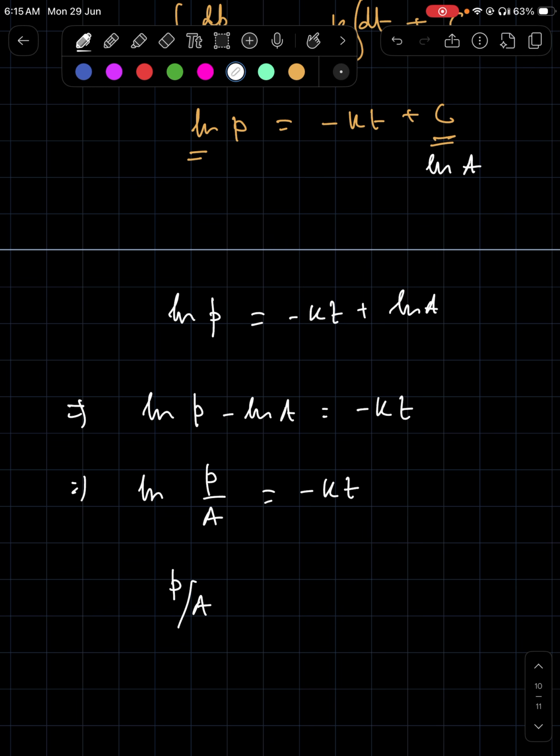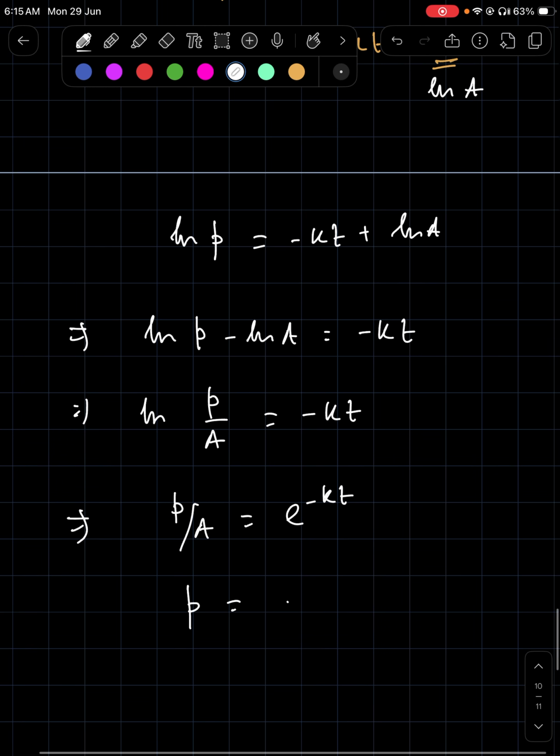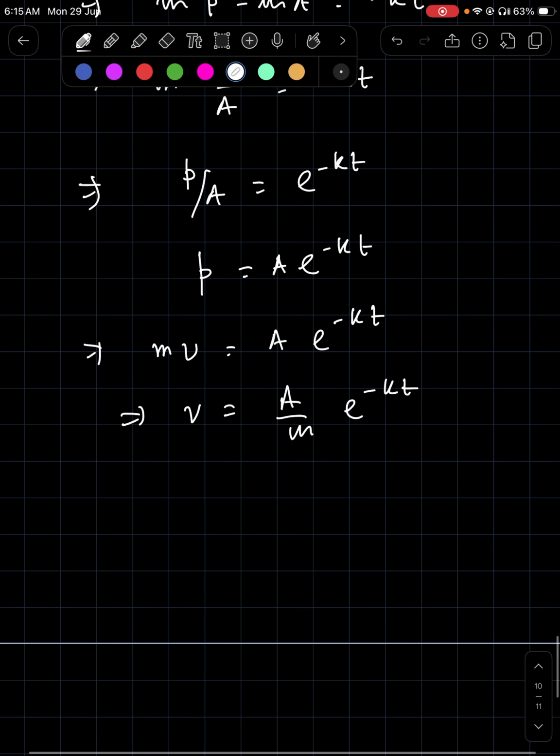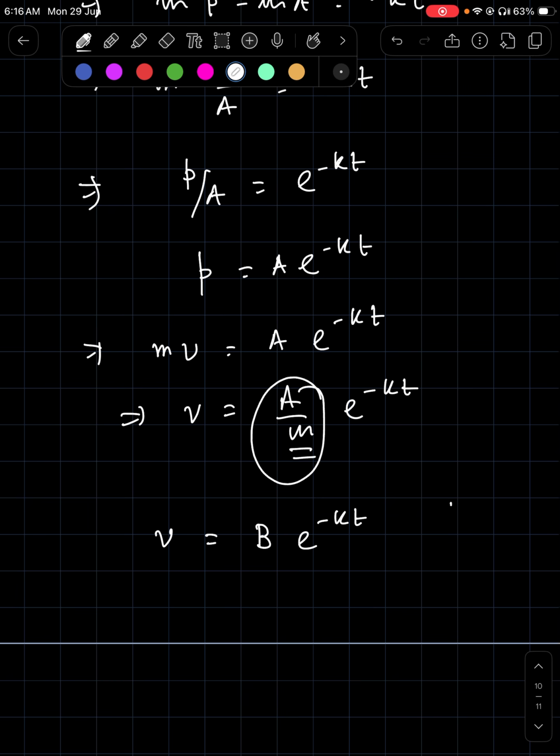That is P by A equals e to the power minus k t, and P becomes A e to the power minus k t. And P is m v. So v equals (A by m) e to the power minus k t. That is the velocity, but m is constant and A is constant, so I can write a constant divided by a constant as another constant, say B. So v equals B e to the power minus k t, where B is A by m, and that is the solution for the velocity.